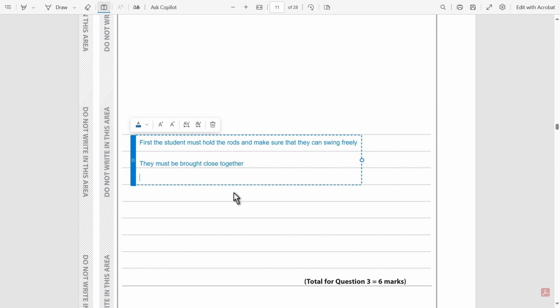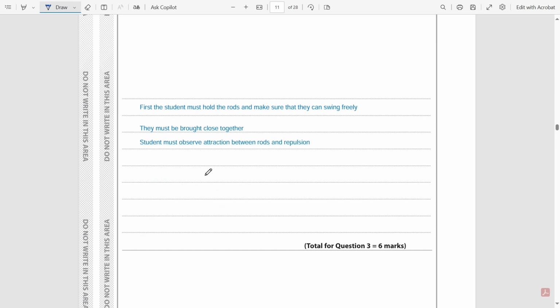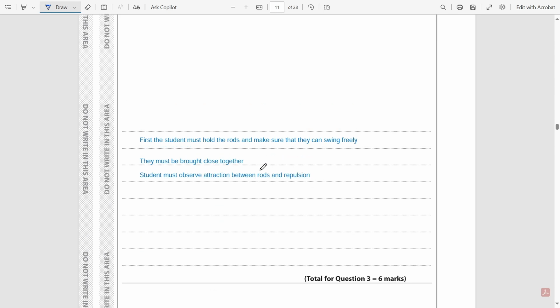Observation. We need to do an observation. So, the rods. Student. Oops, that's scary. Must observe attraction between rods and repulsion, because if he only observes one, then we don't know if we can confirm that.